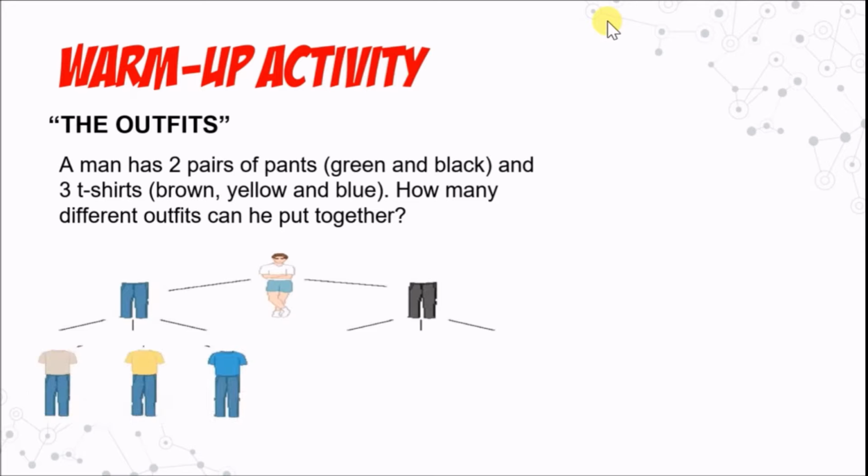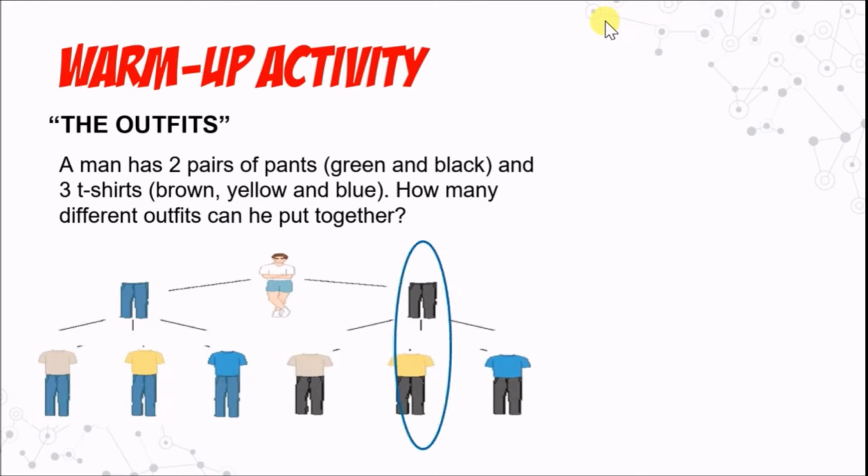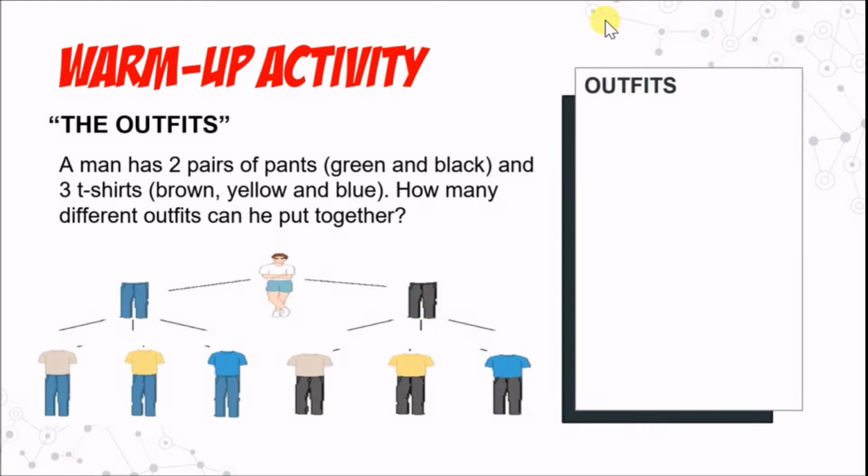Match with this green pants. And we can also match this pair of black pants to the shirts. And from this diagram, the encircled portions here are the different outfits. To list them all, the first outfit is green pants and brown shirt.